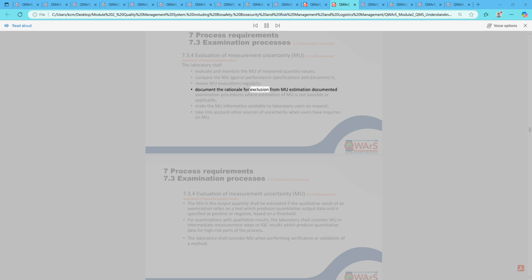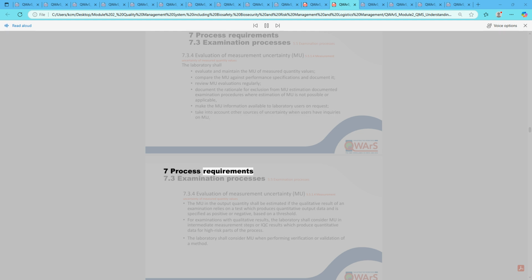It shall document the rationale for exclusion from MU estimation in documented examination procedures where estimation of MU is not possible or applicable, and make the MU information available to laboratory users on request. Take into account other sources of uncertainty when users have inquiries on MU.